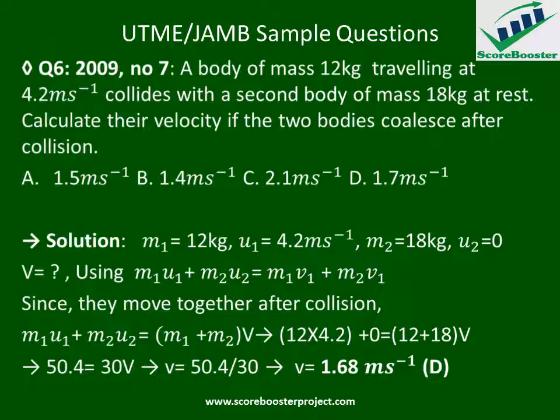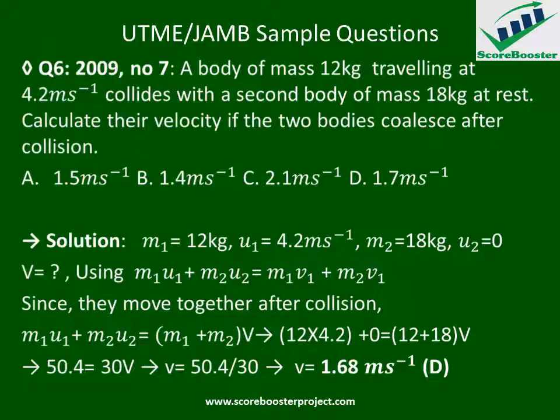Calculate their velocity if the two bodies coalesce after collision. Then you are given option A to be 1.5 meter per second, option B to be 1.4 meter per second, option C is 2.1 meter per second, while option D is 1.7 meter per second.